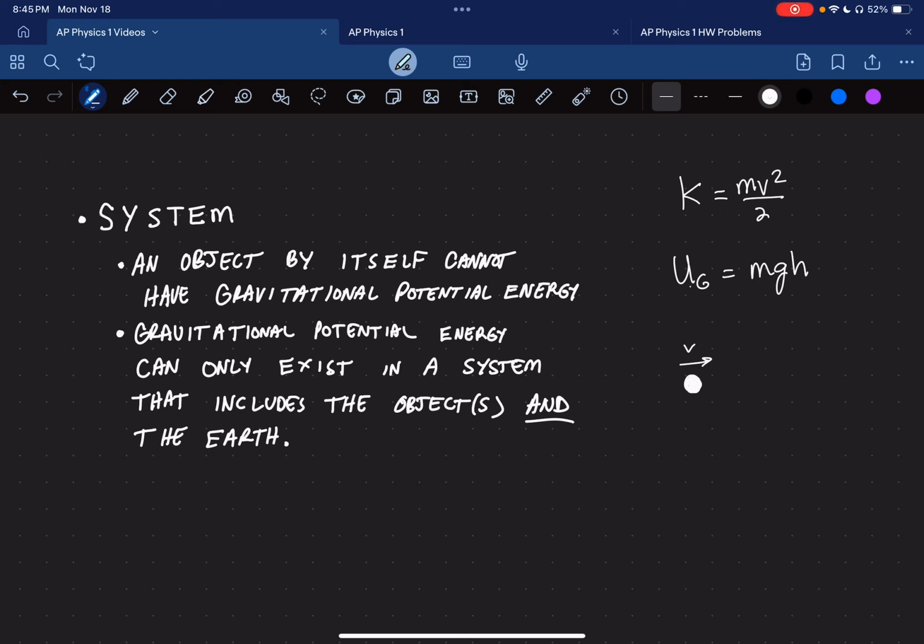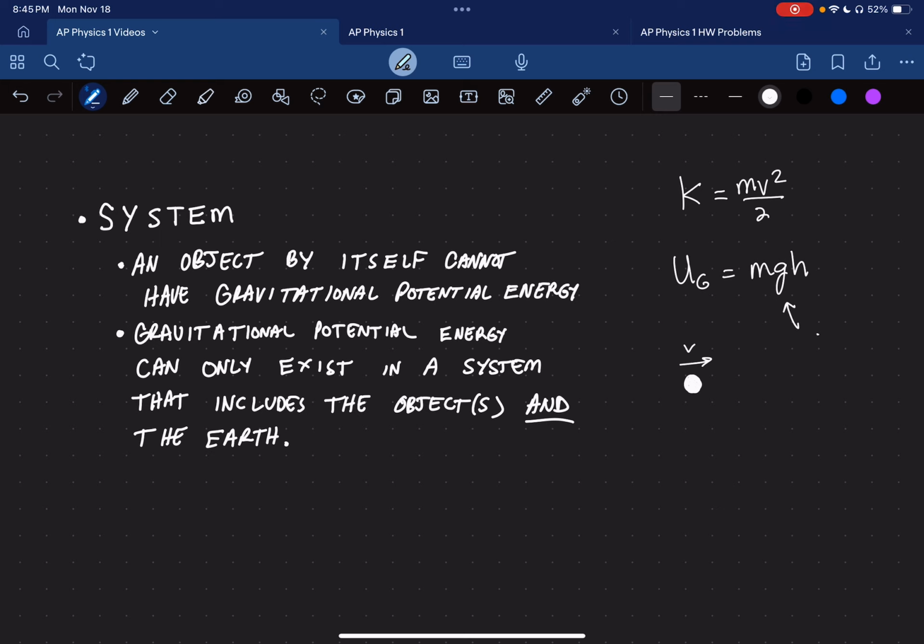They might ask it in such a way where they ask about the energy of an object, where we can only say that kinetic energy is the energy of the object. And the reason why you can't say that an object has gravitational potential energy is, sorry, not the m, it's because of g.